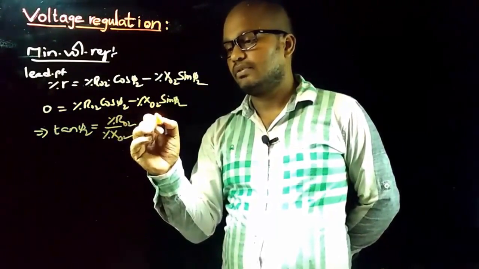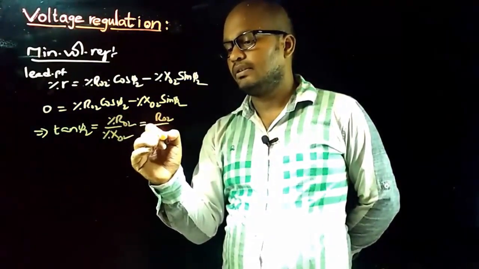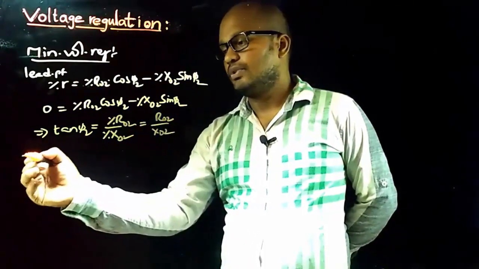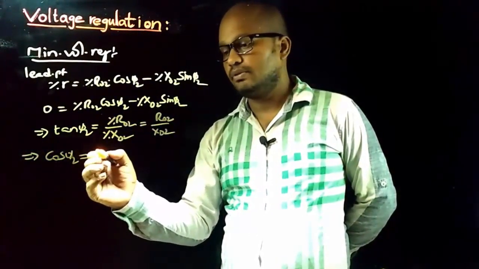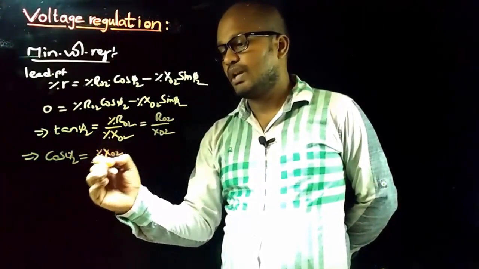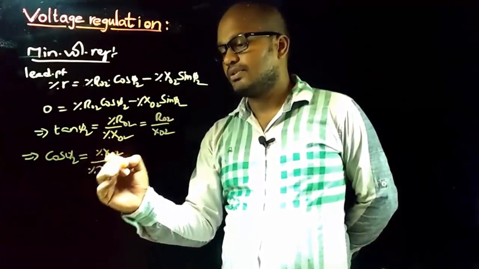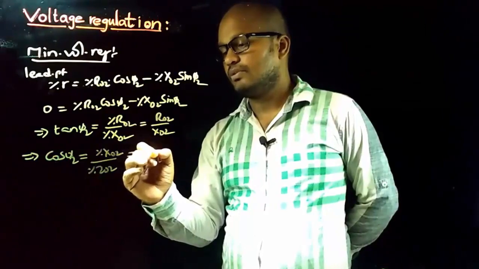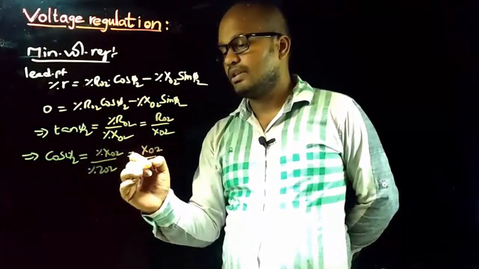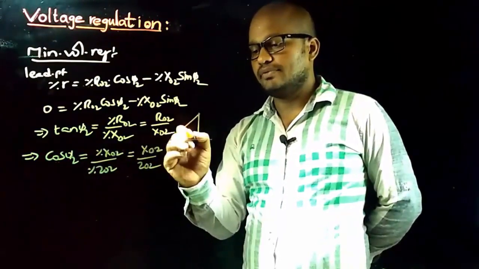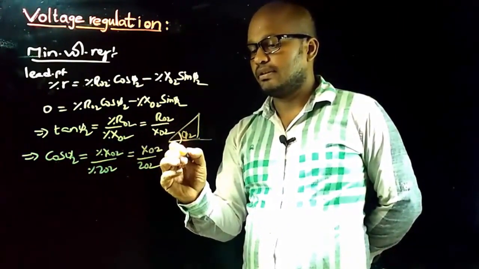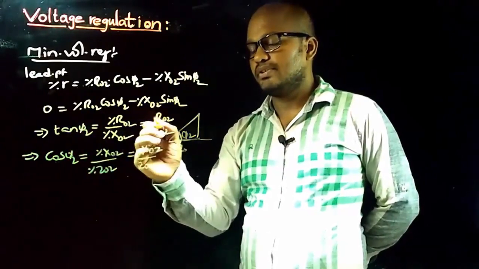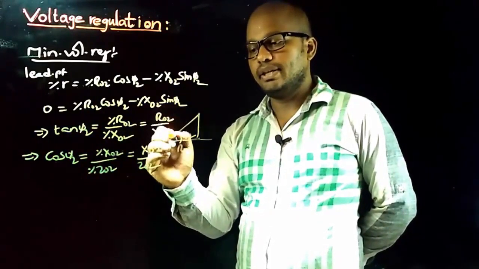That can be taken as equal to R02 by X02, which implies the power factor angle phi 2 is equal to percentage X02 by percentage Z02, or that can be taken as equal to X02 by Z02. That is from the triangle, as tan phi 2 is equal to opposite side by adjacent side.